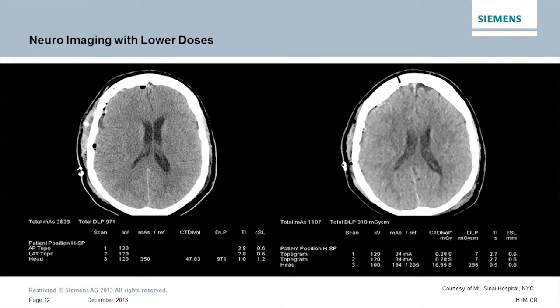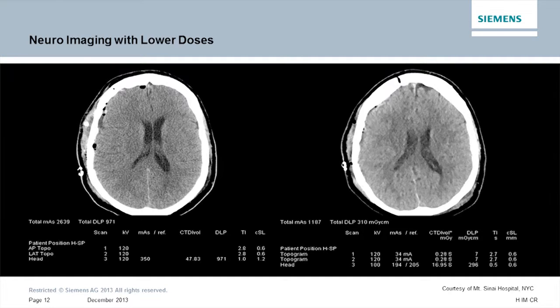Here you see an example of a Sapphire image on the right and a routine filtered back projection image on the left. These are the same patient on different days. And you'll notice that the dose level on the left-hand side is a standard 971 DLP with a CTDI of about 48. And you may know that the American College of Radiology guidelines for CTDI run as high as 75.